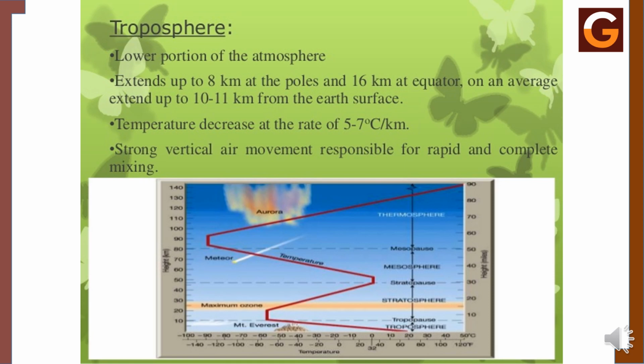On an average, it extends up to 10 to 11 kilometers from the Earth's surface. The temperature in this layer decreases at the rate of 5 to 7 degrees Celsius per kilometer. Strong vertical air movement is responsible for rapid and complete mixing in this layer, that is the troposphere.